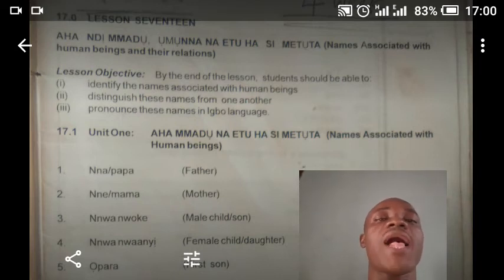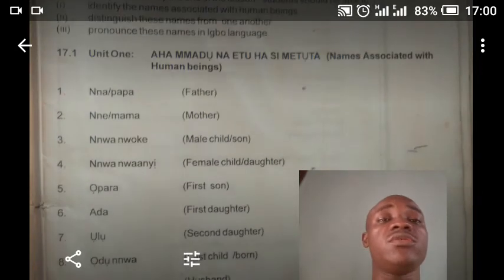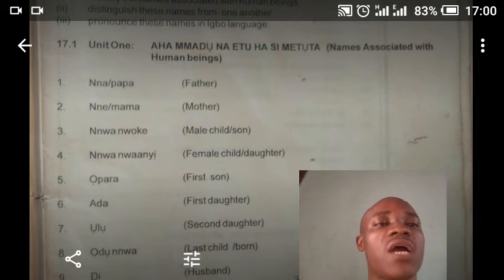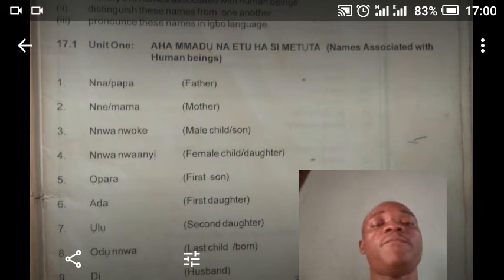That means aha ndị mmadụ, ụmụnna na etu ha si metụta. That is what we'll be discussing today. Aha mmadụ na etu ha si metụta, which means names associated with human beings.